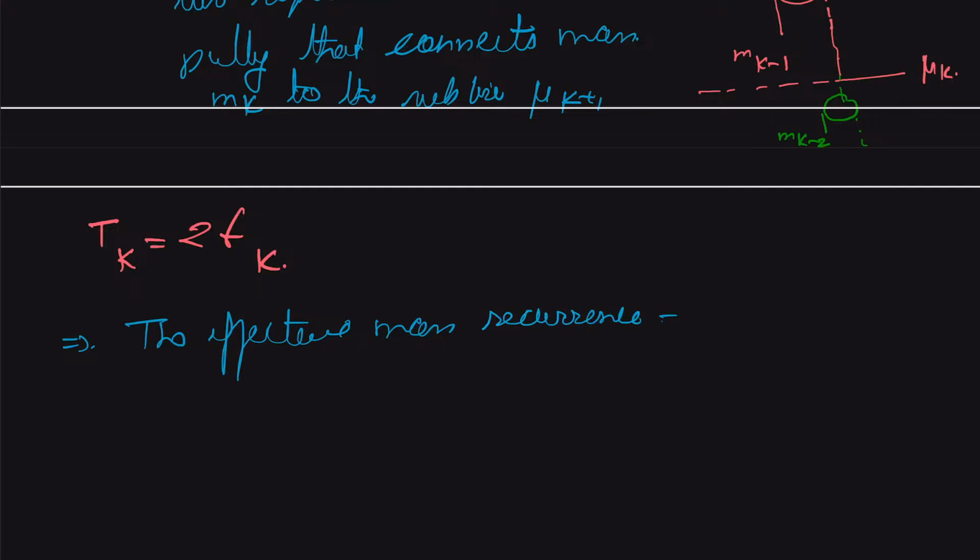It can be written as, because we have a mu of k, and for our kth that is multiplied by g, and that will be equal to capital T of k.